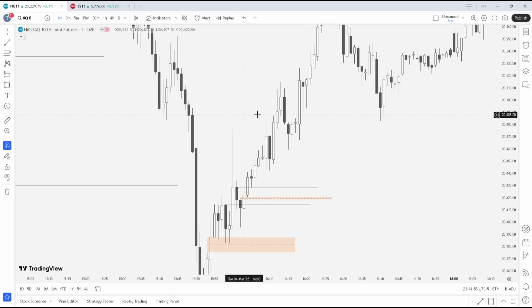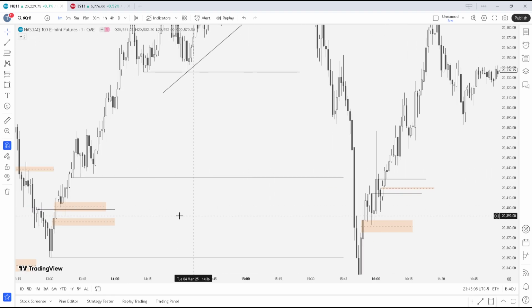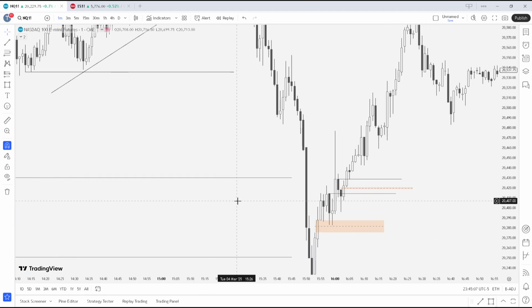And I mean, okay, so the reason why you wouldn't expect all of these SIBIs to hold is because we already swept a lot of sell side. So now we're expecting bullish PD arrays to hold or get created and bearish PD arrays to get violated.